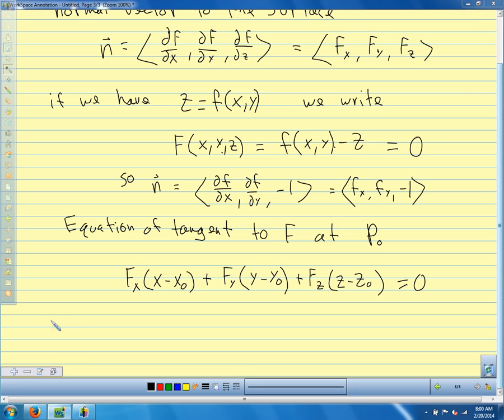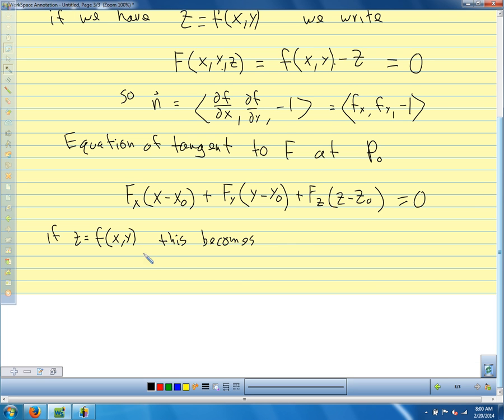And if we have our surface written z equals f of xy, our tangent plane becomes f sub x, x minus x0, plus f sub y, y minus y0, minus z minus z0, equals 0.